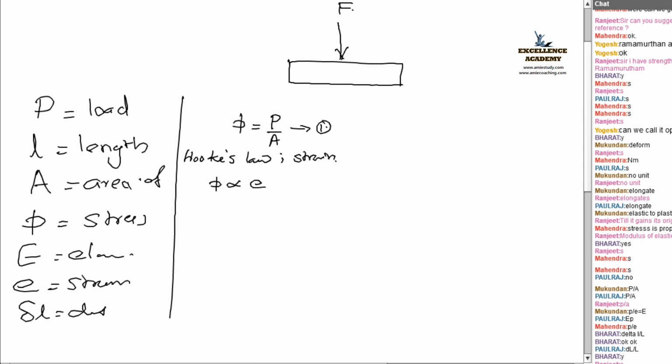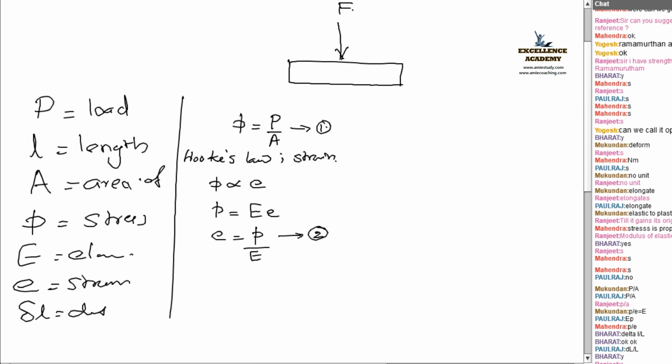Then stress p equals E into epsilon, where E is Young's modulus. This is Hooke's law. I am going to define the strain there, that is e equals p by E. This is equation number 2.